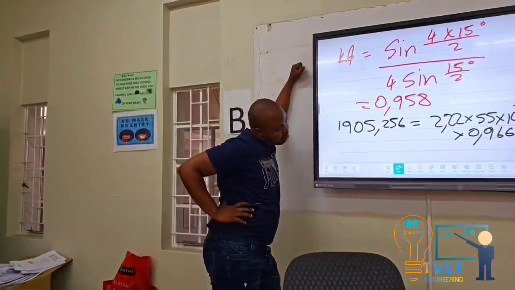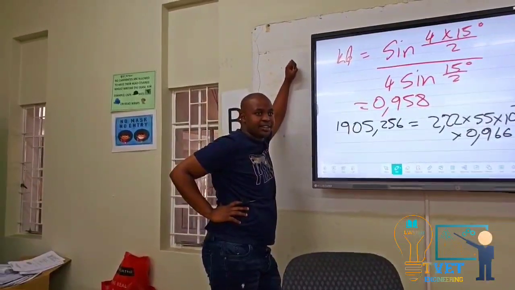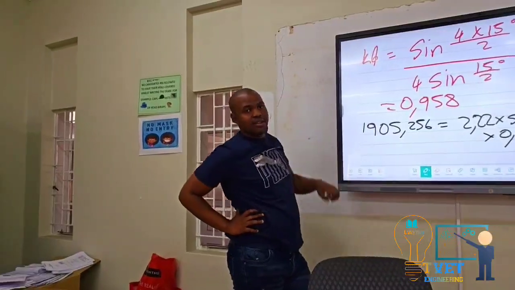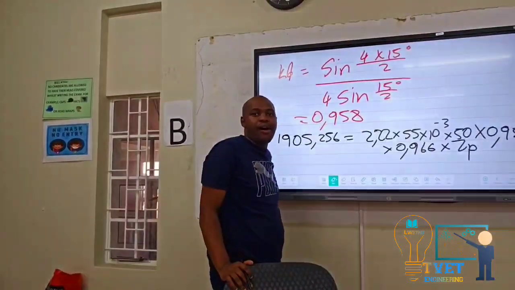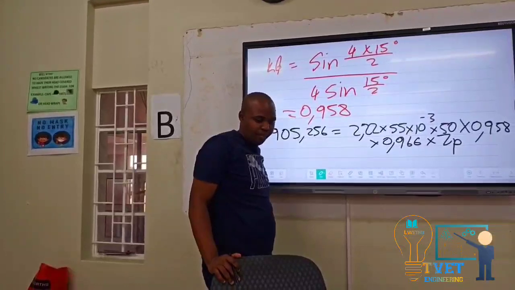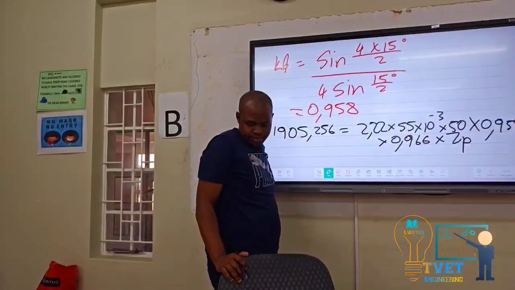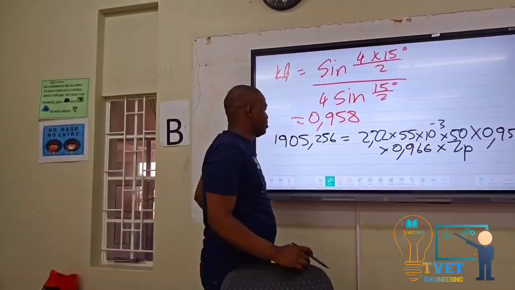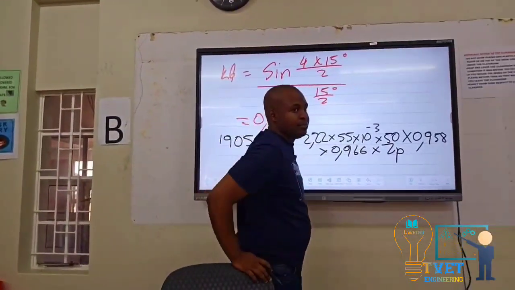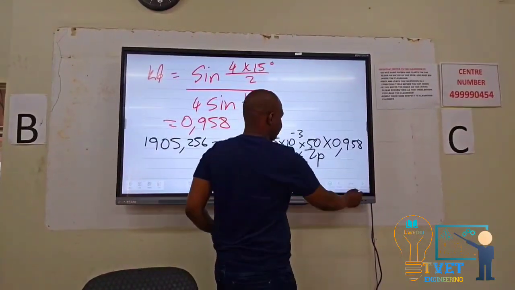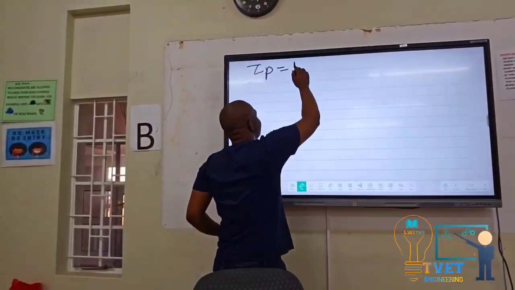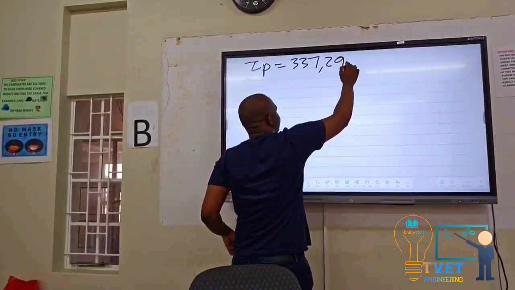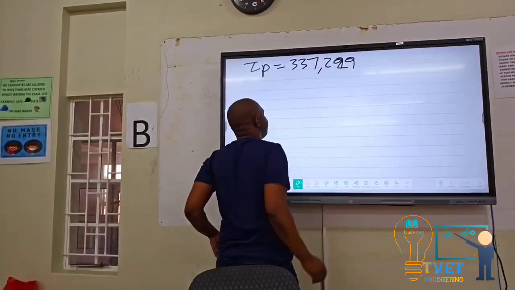19,0.5,256 divided by all those factors gives 337,229.